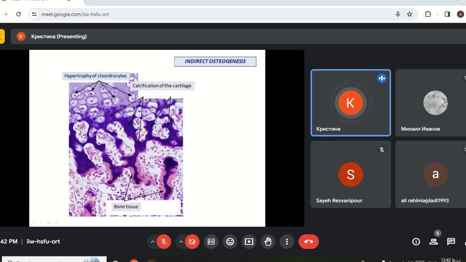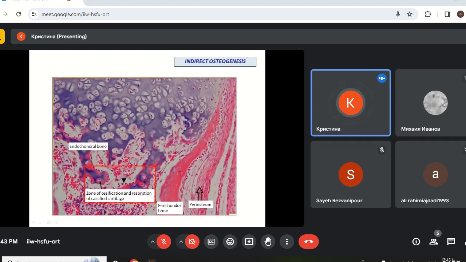And in this area you can see that just around the remnants of the basophilically stained calcified cartilage, the bone tissue starts to be formed. Bone tissue is pink in color. It is eosinophilic because of the collagen fibers. This bone tissue is formed with the help of osteoblasts. You can see them here. They develop from mesenchyme, which you can see here.